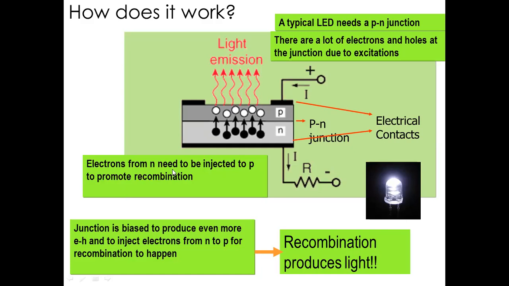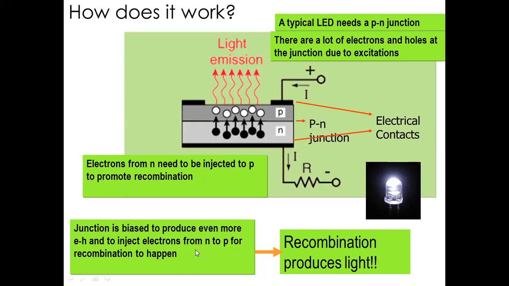Electrons from N need to be injected into P to promote the recombination. To promote the recombination, the electrons from the N layer are injected into the P layer with the holes. For the recombination of electron-hole pairs, these electrons are injected into the P layer. During this process, light emission will occur, it emits some light, and that is called a light emitting diode.